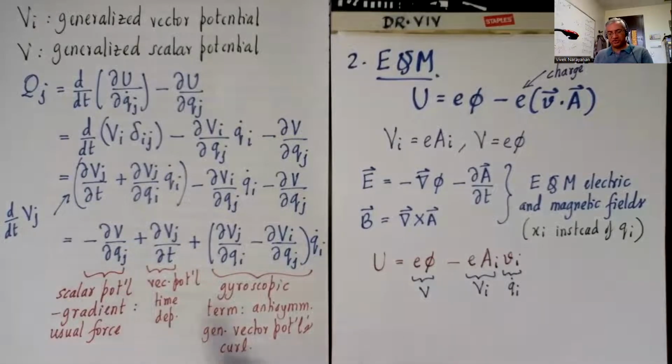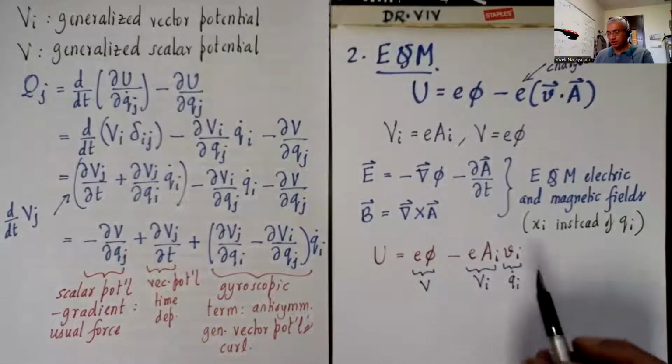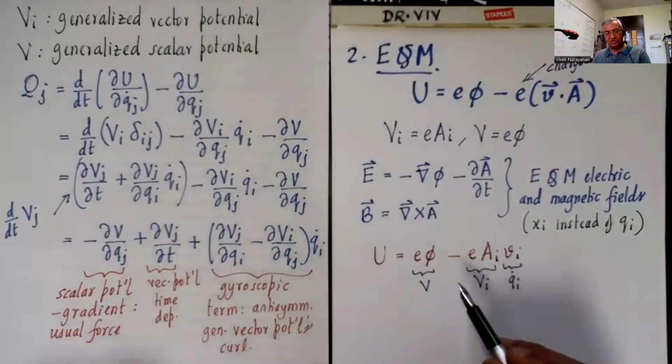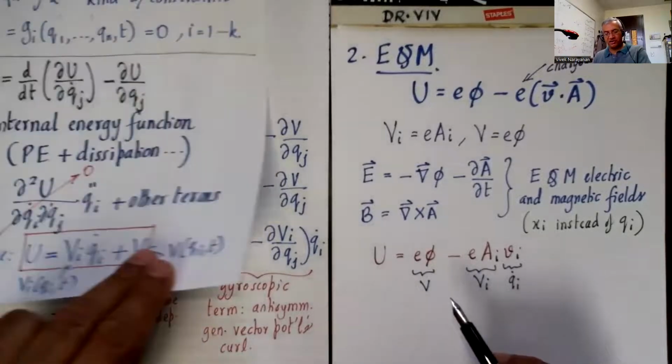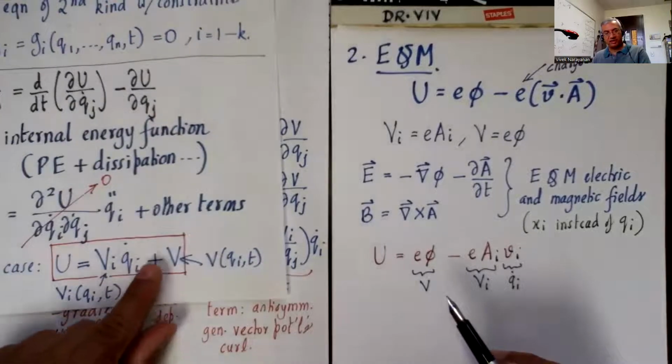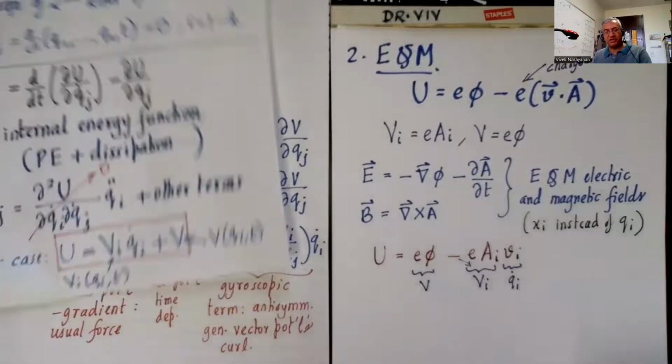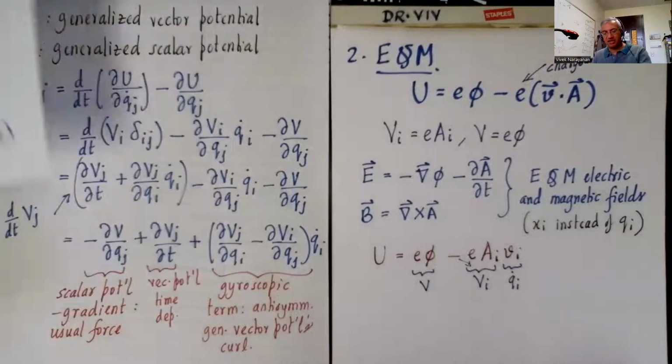Now let's substitute it into this expression. Remember the minus sign is there for V I because the U function was written without a minus sign. It's a plus, so the minus sign must be absorbed into the definition of V sub I. Keep that in mind.